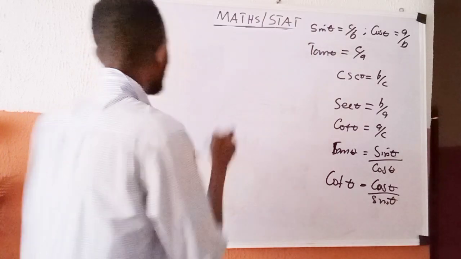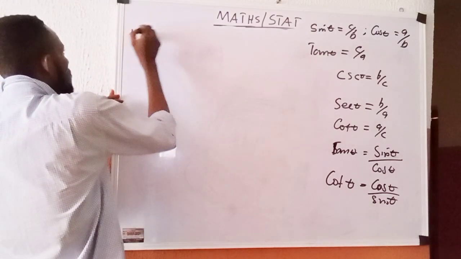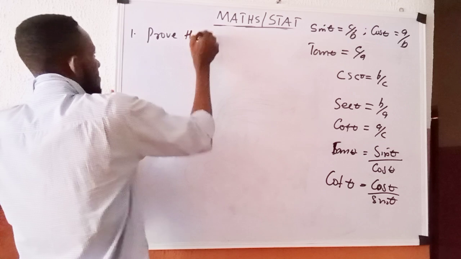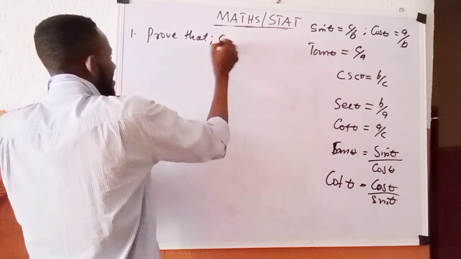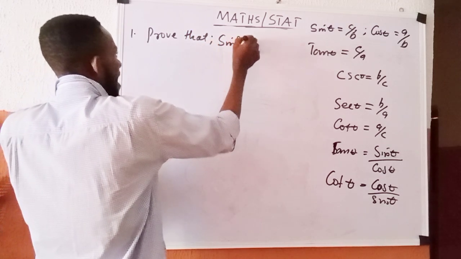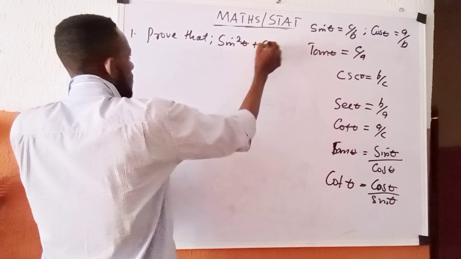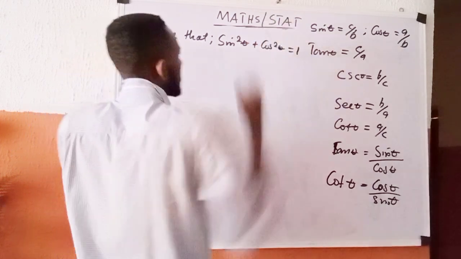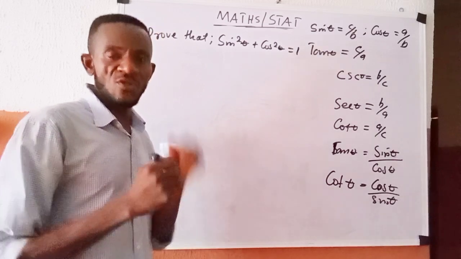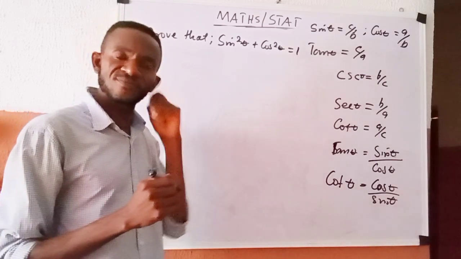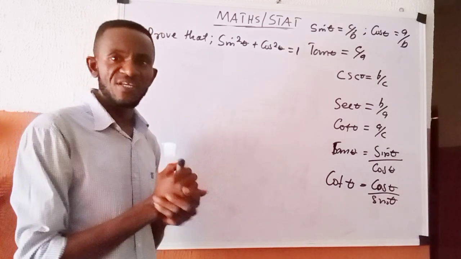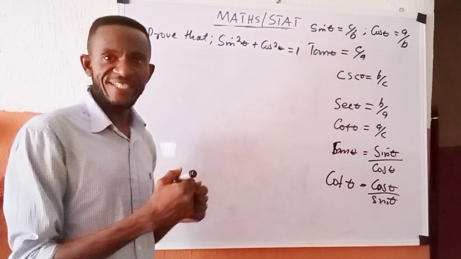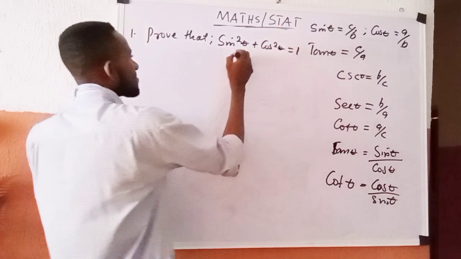So the first identity says, number 1, prove that sin square theta plus cos square theta equals 1. That is what they want us to prove. Then we begin. We already have everything on the board. So we ask ourselves, or we write the solution.